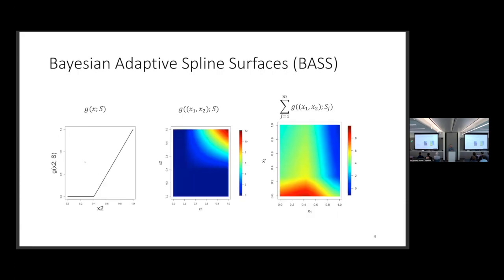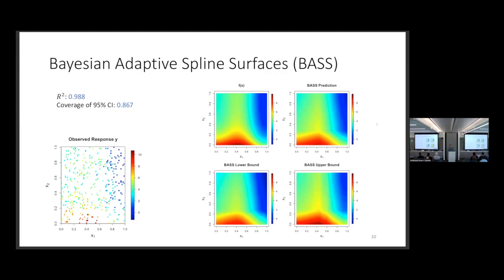So if you have one of these in a single dimension, it just looks like a hockey stick. And in 2 dimensions, it's kind of a 2-dimensional hockey stick, if you will. And if you add together a bunch of these, then you get something like what's shown on the right.